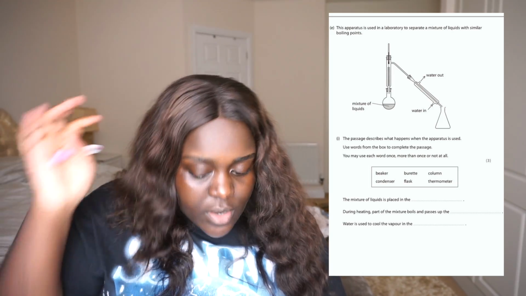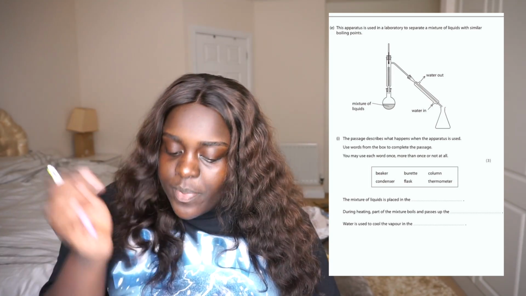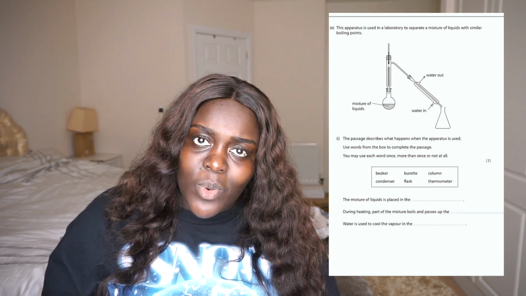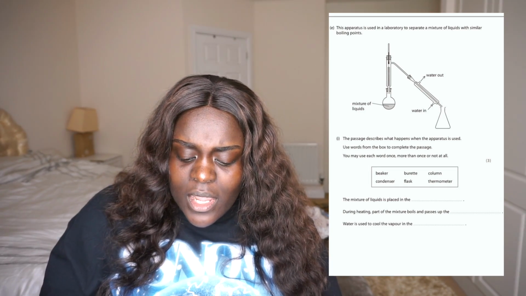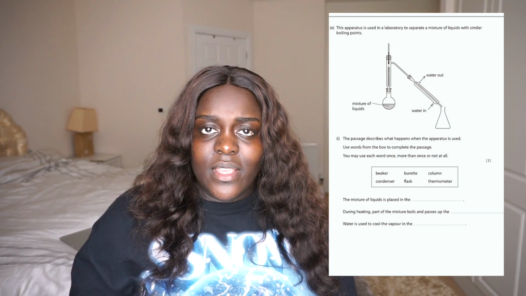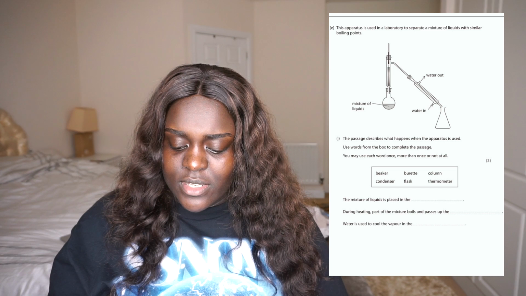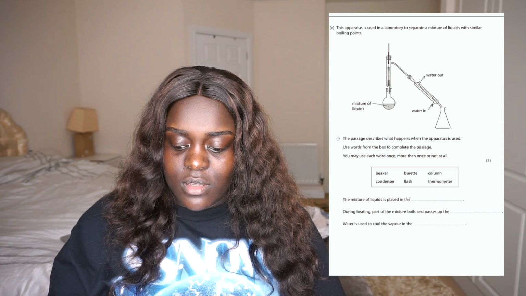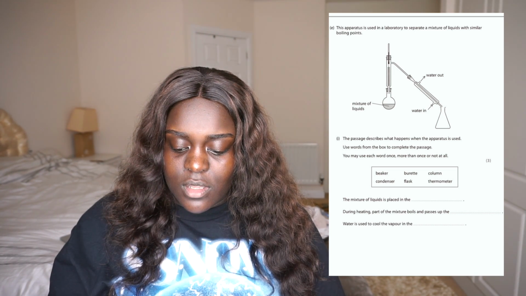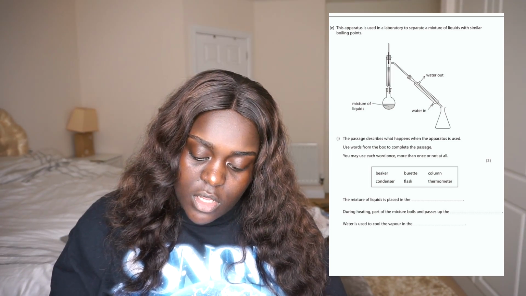Alright, the passage describes what would happen, so basically fill in the words for the box. The mixture of liquids is placed in the flask. Yeah, I'm going to say flask.